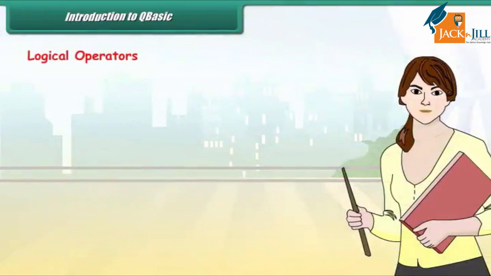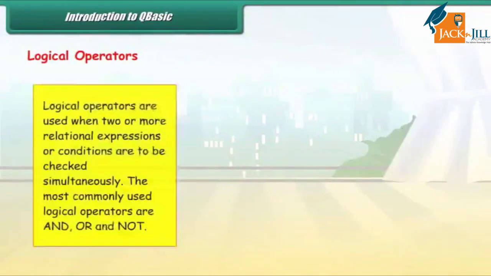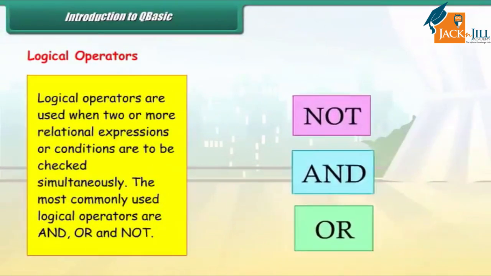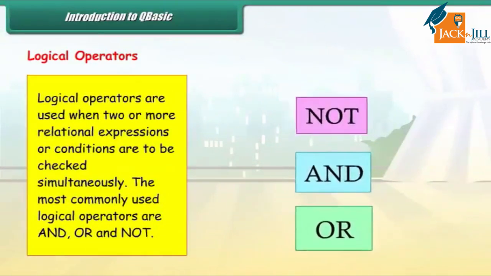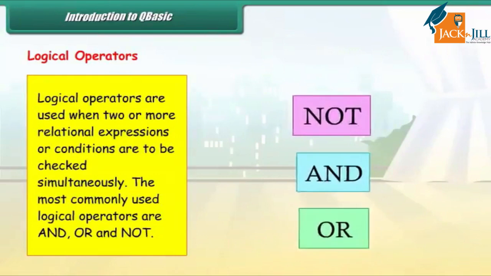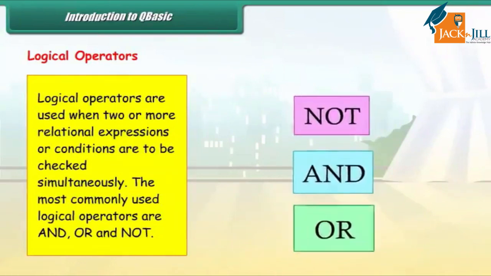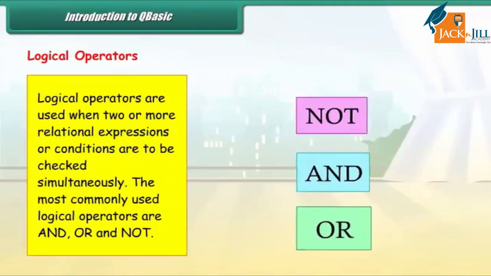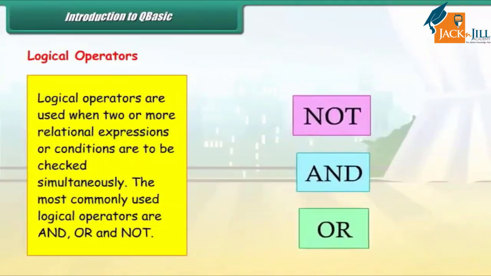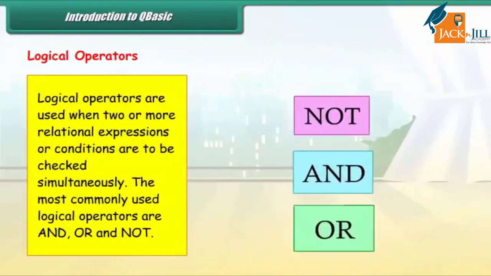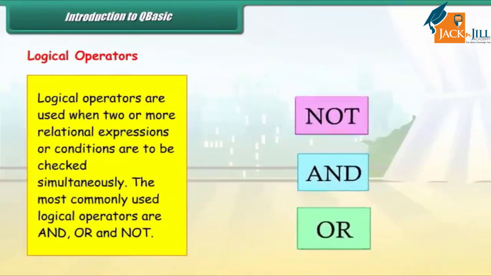Logical operators. Logical operators are used when two or more relational expressions or conditions are to be checked simultaneously. The most commonly used logical operators are AND, OR, and NOT.